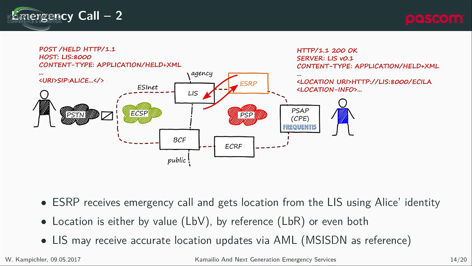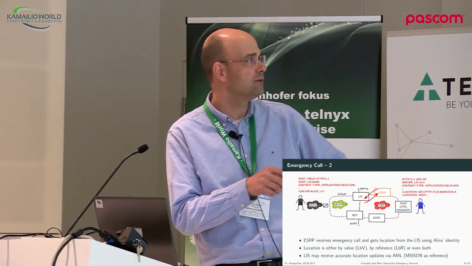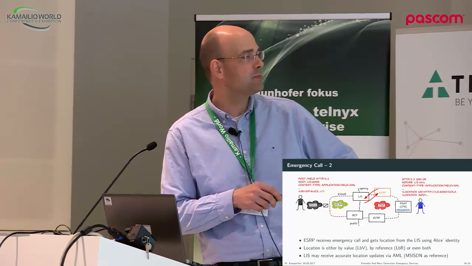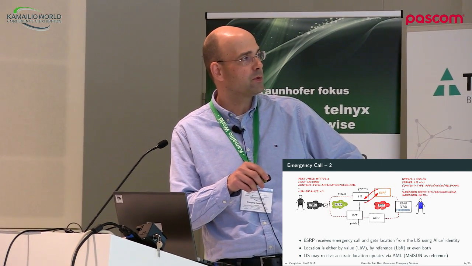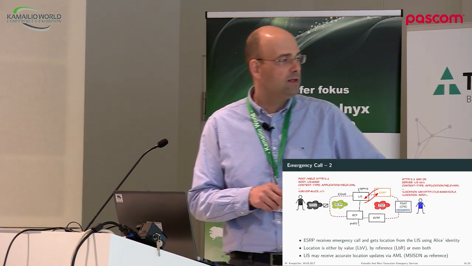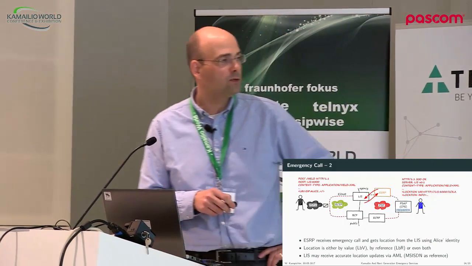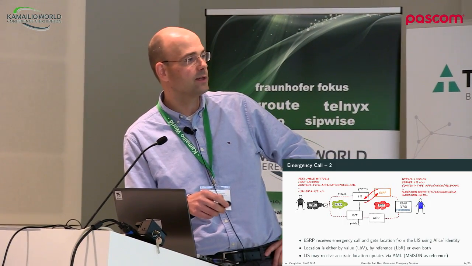So what the ESRB needs to do is to query this location information service using the HELD protocol. So what actually is provided is the identity. So the HELD protocol has an identity extension. So it uses just the CPURI here. And the response is a location by value or by reference, or in this example, it's both.